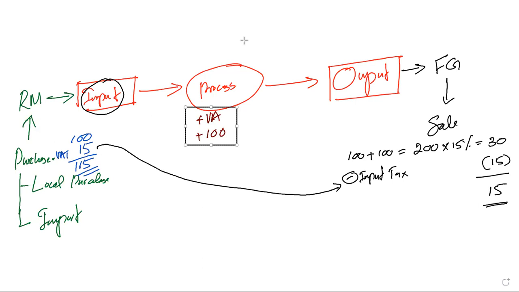So that's what is called value added tax. You pay VAT on the value addition. Whatever you purchase, you can take as credit, so you are paying VAT on value addition, which is 15. This is the basic concept of value added tax.